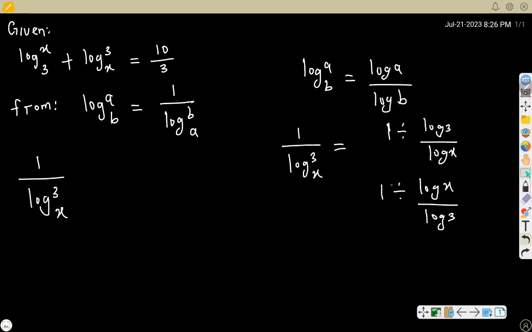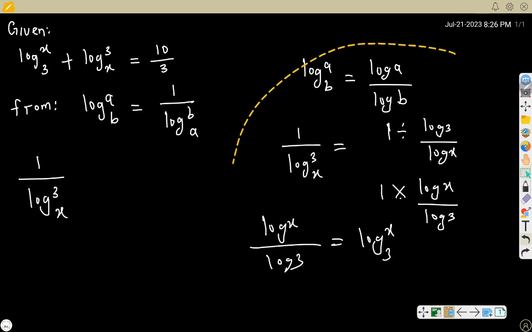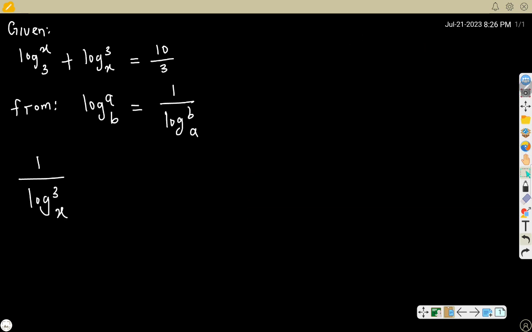If I change the division to multiplication, log x goes up and log 3 comes down. So using this change of base, you have log x divided by log 3, which is the same thing as log x base 3. So remember this law, change of base.